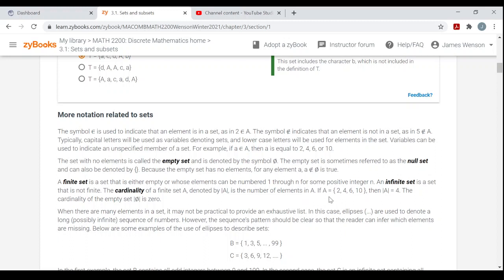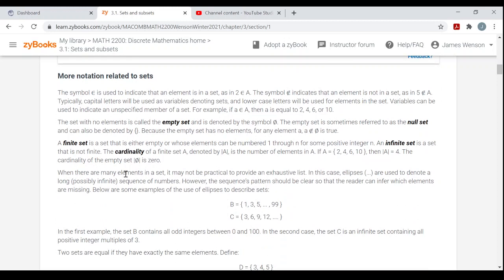So for example here, if A is the set with 2, 4, 6, and 10, then the cardinality of A is 4. There's elements 2, 4, 6, and 10. That's 4 elements. So the cardinality is just the number of elements in the set. The cardinality of the empty set, with the bars around that symbol for the empty set, is 0. There are no elements in the empty set.